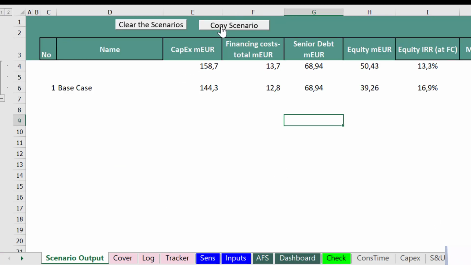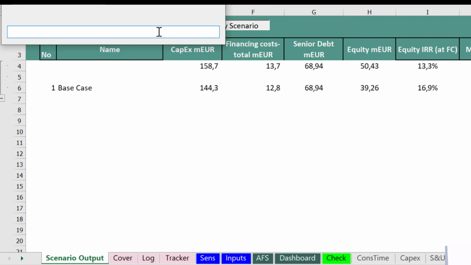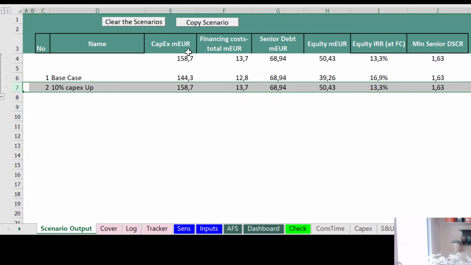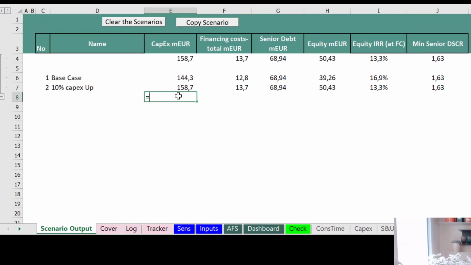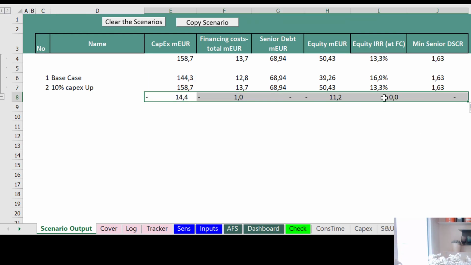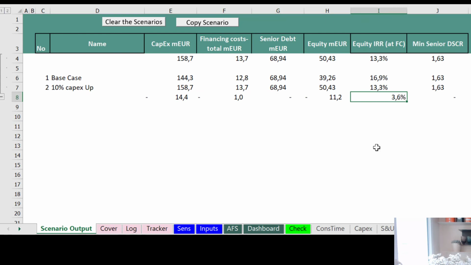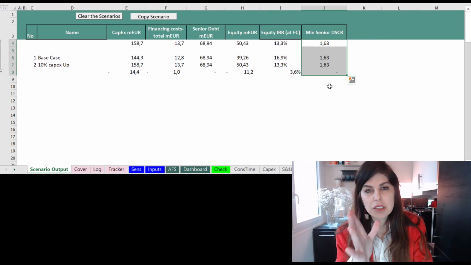Just for the sake of comparison, we're going to save it as 10% capex up. And you will see that we can even do a delta, to see and report to the managers if they need, what's going to be the impact of this increase. It's going to cause around 3.6% in terms of IRR. As you see, the DSCR is not changing because you are just increasing your debt by 2 million, I guess.